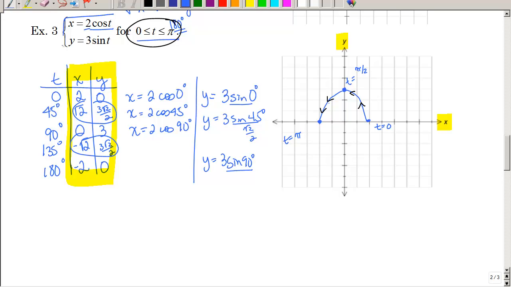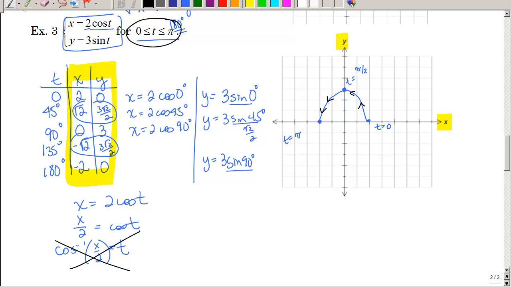So let's take this and eliminate the parameter. Well, if I solve for t, I would get something like this. Inverse cosine of x over 2. That is just ugly. Do not do that. Well, let's see if sine gets any better.